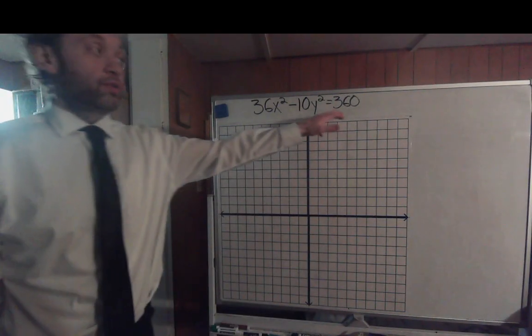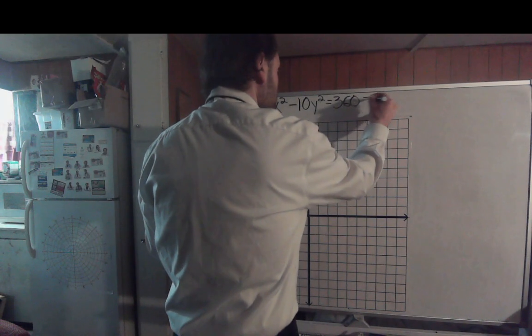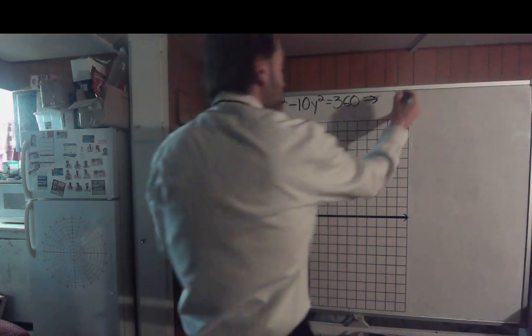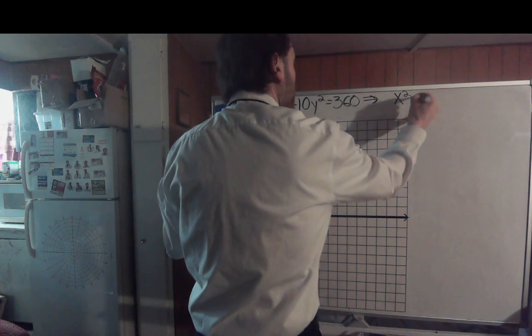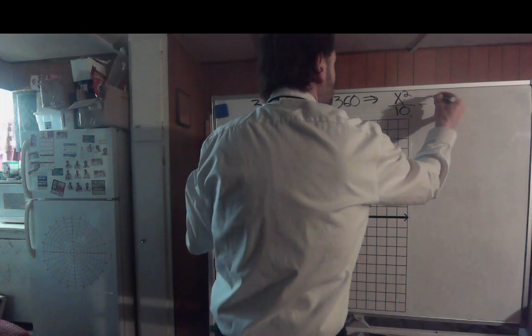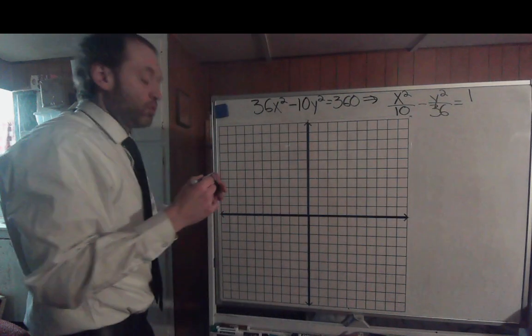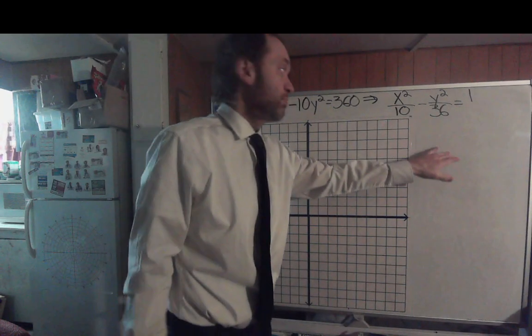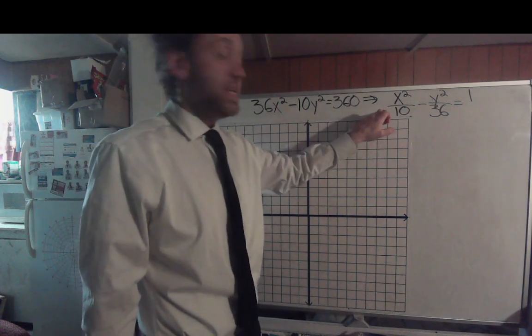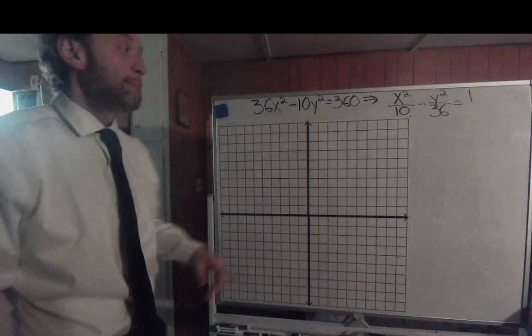It equals 360. So we have to divide both sides by 360. If you do that, you'll end up getting x squared over 10 minus y squared over 36 equals 1. Now we have a form that we can work with for this hyperbola.